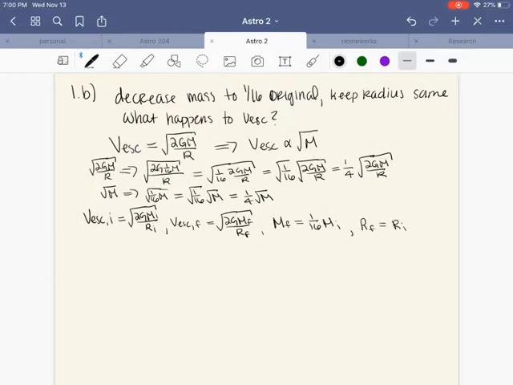So I'm going to take this here and replace this final mass with 1/16 my original mass, and I'm going to replace my final radius with my initial radius.